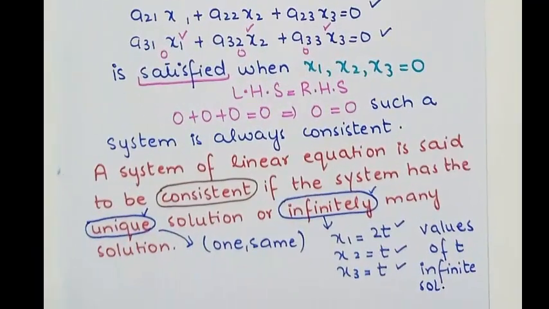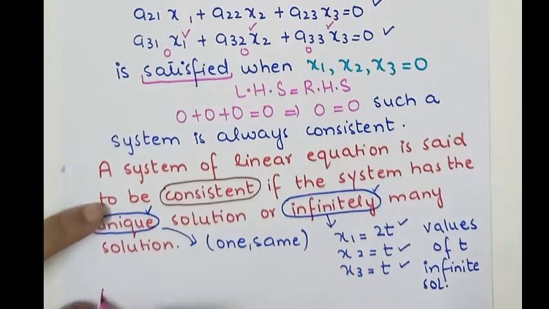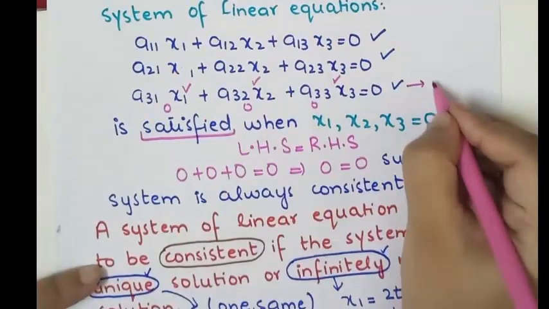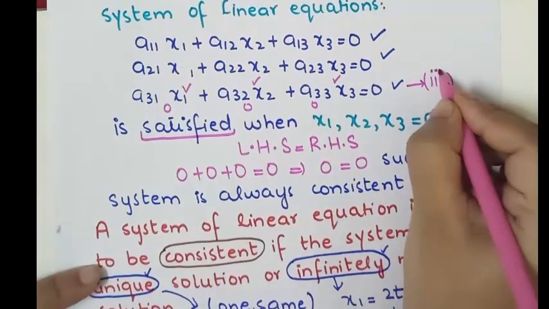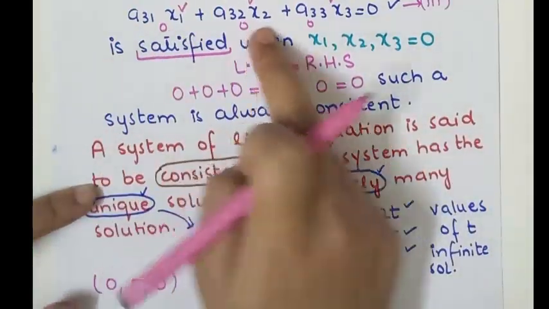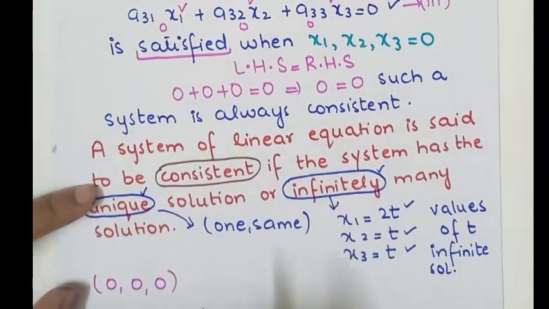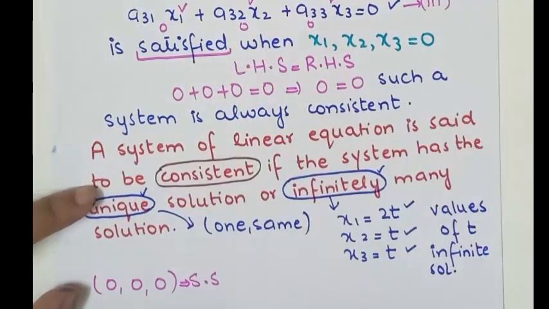Now the next point: if we have a solution set like 0, 0, 0, for example, in the third equation, we put x1 = 0, x2 = 0, x3 = 0, then the equations are satisfied. So 0, 0, 0 is the solution set of this equation.